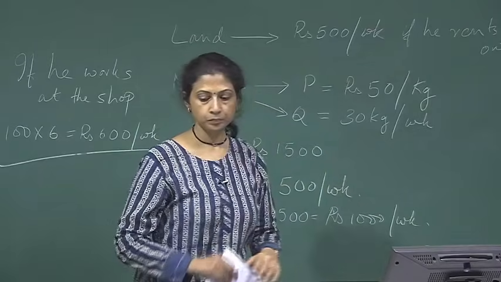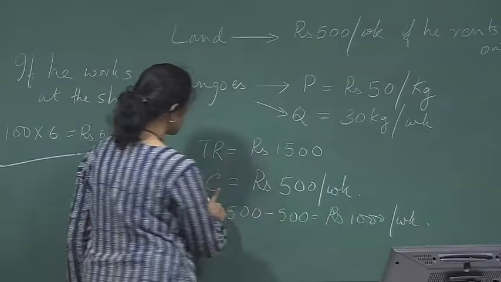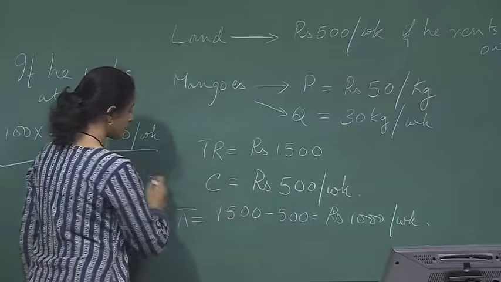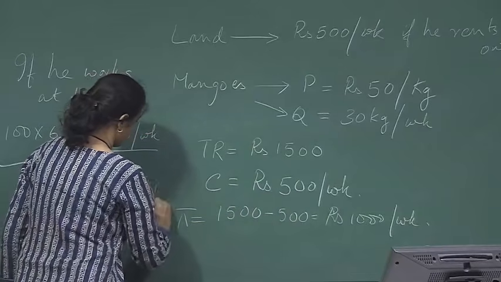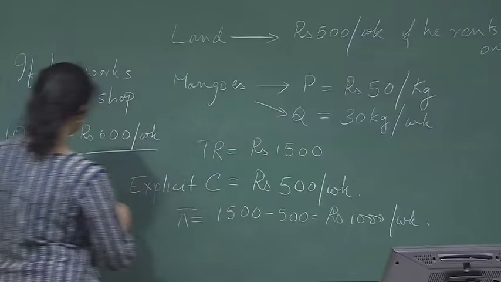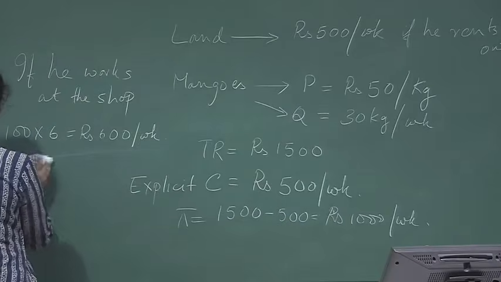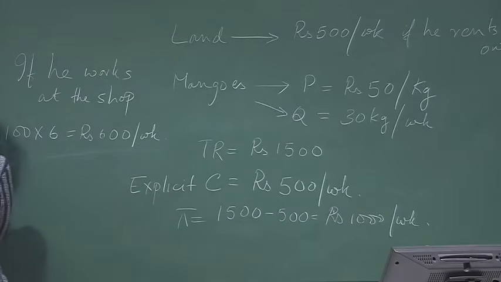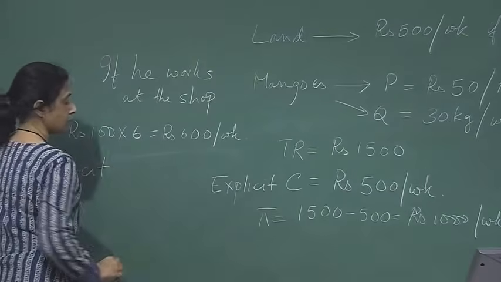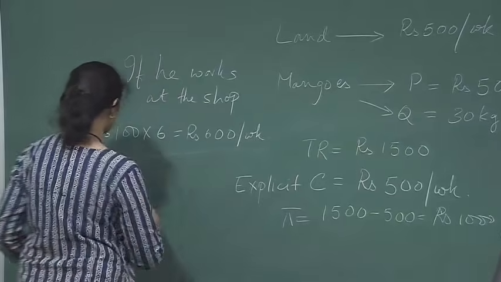So what we say is, his explicit cost is rupees 500 per week, but he is having to incur an implicit cost also.